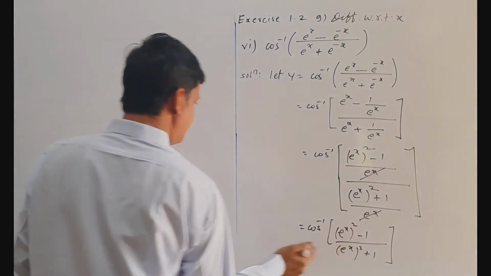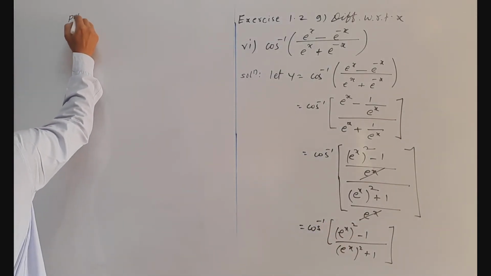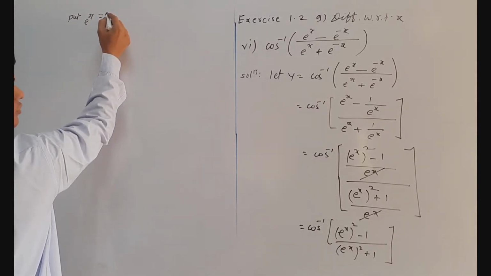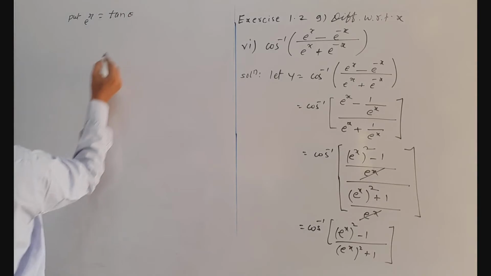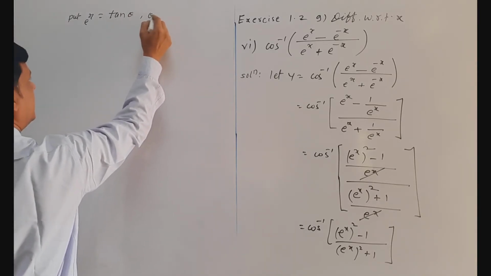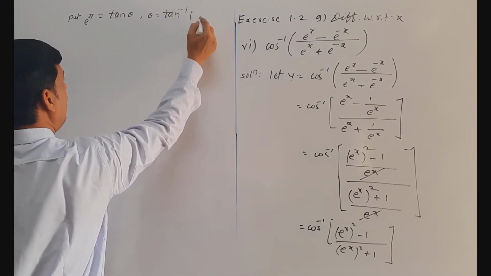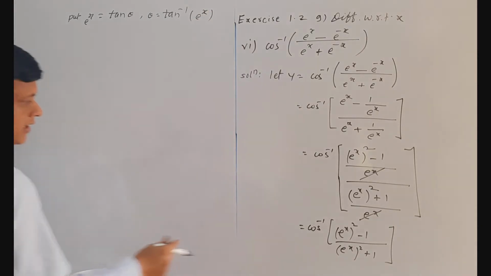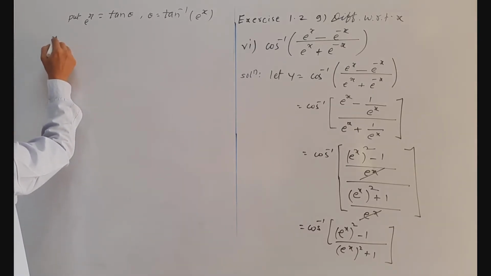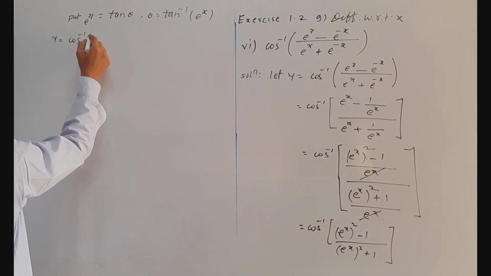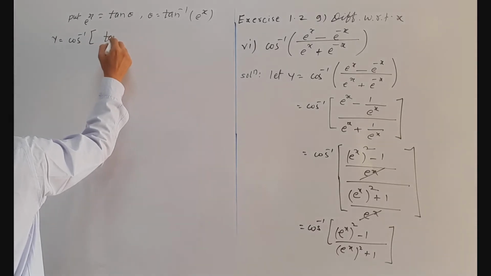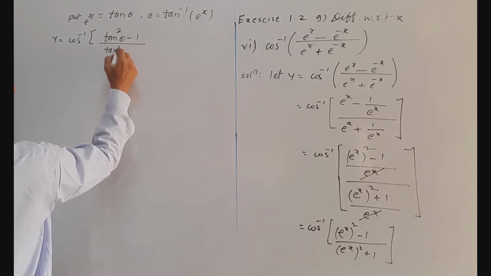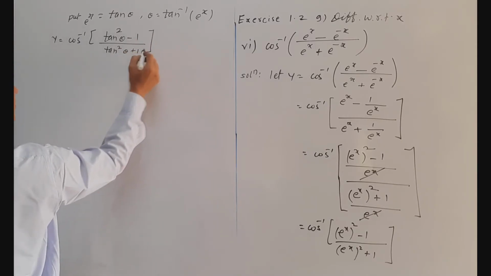So here we substitute, or write here, put e raised to the power x is equal to tan theta. So from this we write theta is equal to tan inverse of e raised to the power x. So we write here in bracket y is equal to cos inverse of (tan square theta minus 1) upon (tan square theta plus 1).